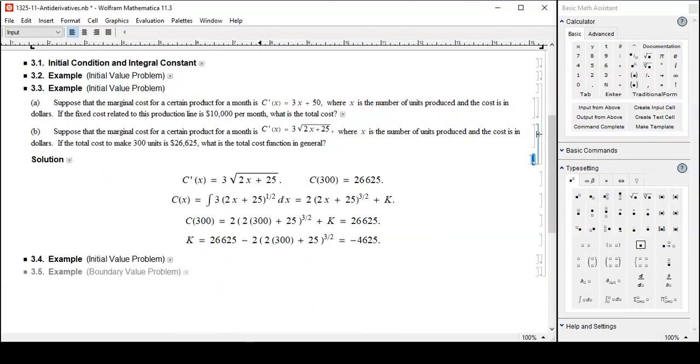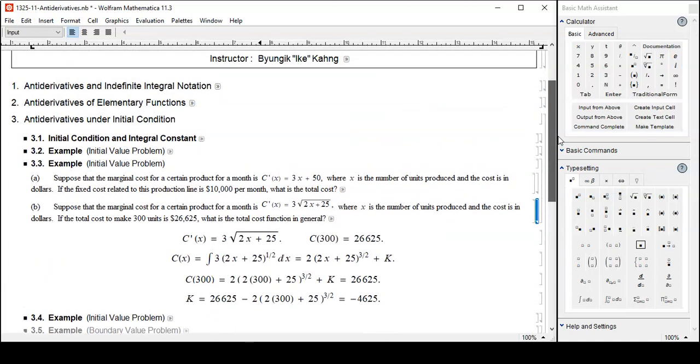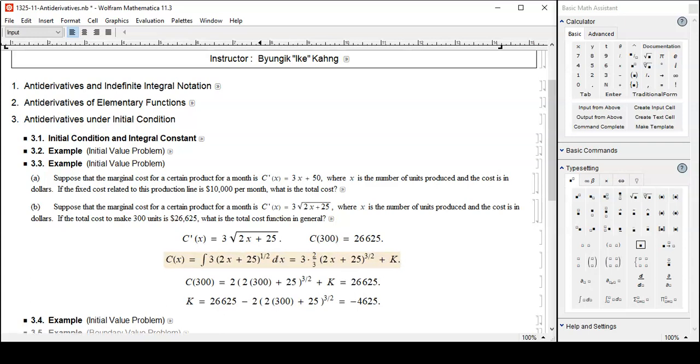Apparently I did make some mistake here. So what did I do wrong here? 1/2 power, 3/2 power, and then, oh, I see, I didn't take the antiderivative correctly. 3 times 2/3 power, because I have to divide by the power, but I forgot this.